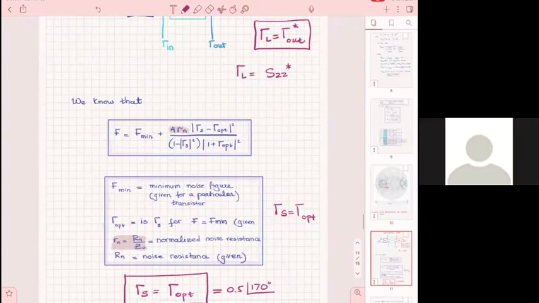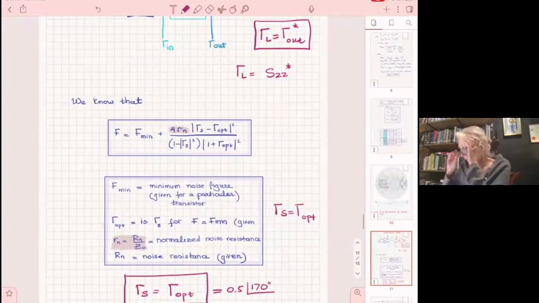I have another quick question. Sometimes you use the GP circle for gain. Yes. Not for the final, but when you don't have a unilateral transistor and your input and output matching networks see each other, you cannot design them in isolation.